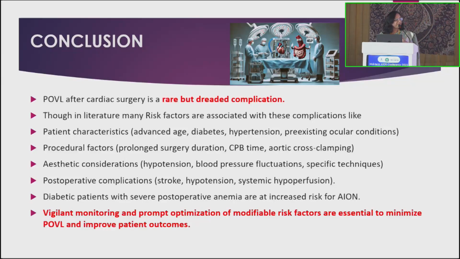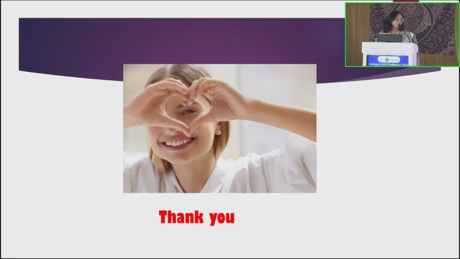When I went through the literature, they said that these 2 major surgeries, the cardiac bypass and the spinal surgeries, because they have a longer duration, have more complications related to the eye, maybe an embolic phenomena or maybe hypoperfusion. So one has to be vigilant, and as an ophthalmologist, it's our duty to see what exactly the causes can be. Thank you so much for the patience.